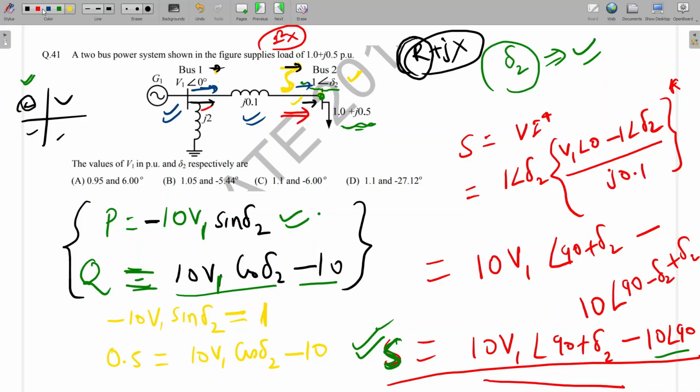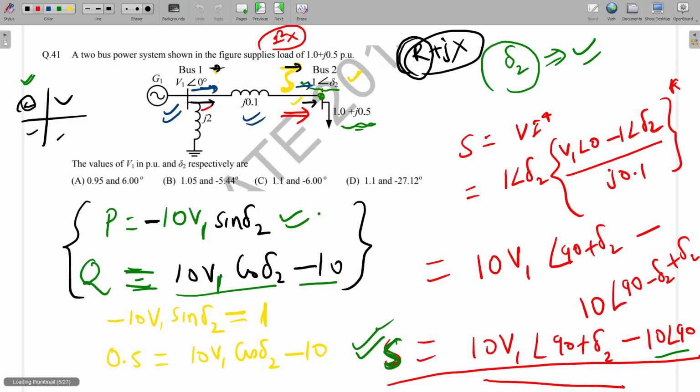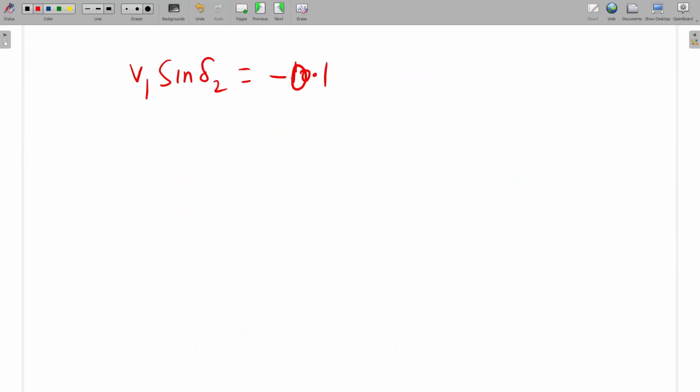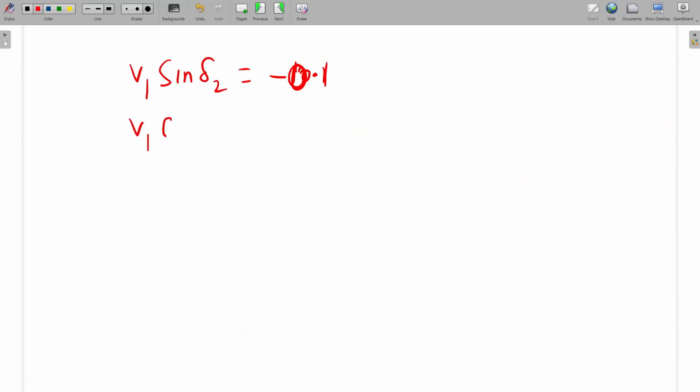So V1 sin delta 2 is equal to minus 0.1. And from this equation we can say that this will be 10 plus 0.5, so 10.5. So V1 cos delta 2 is equal to 1.05. Is it clear?